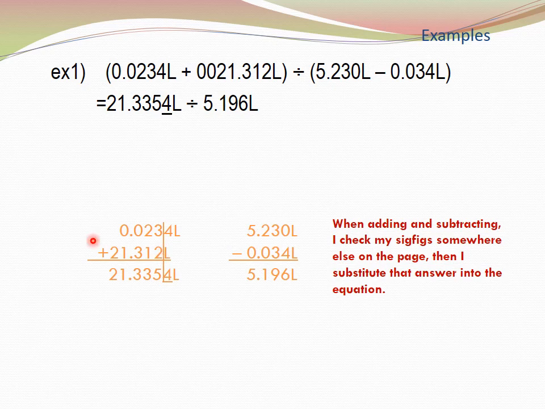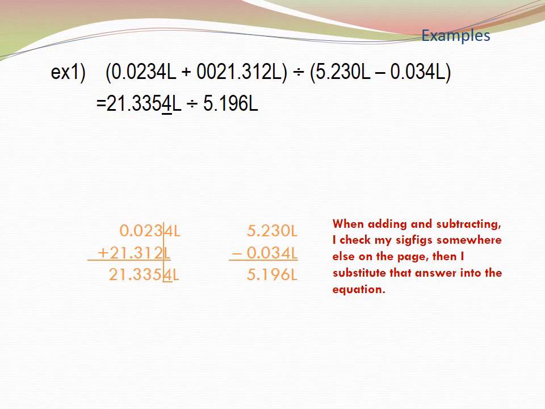As I go from left to right, it is the bottom number that ran out of significant figures first. So my round off line is drawn right through here. And I rewrite that number up here, 21.335, and I underline the 4 because the 4 is not significant.